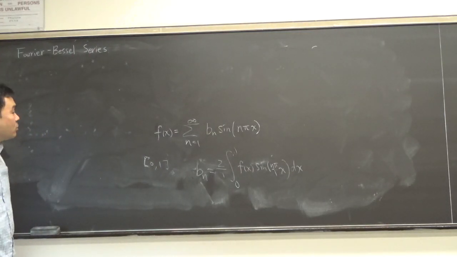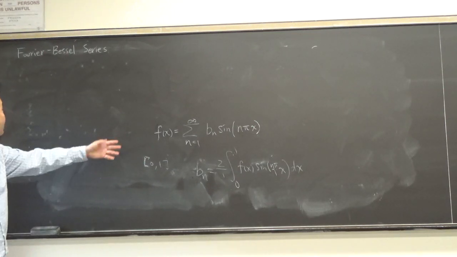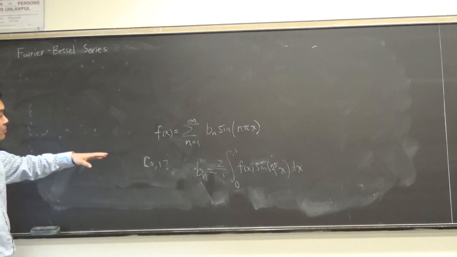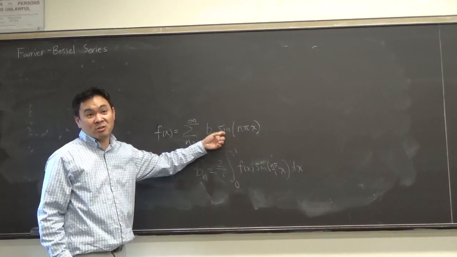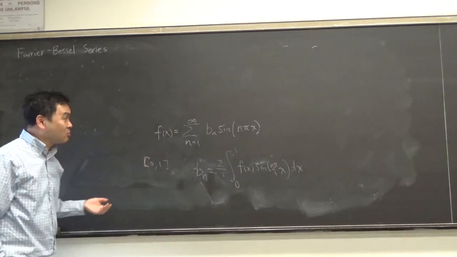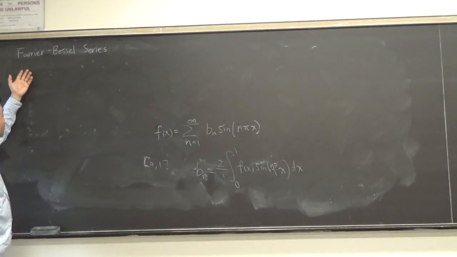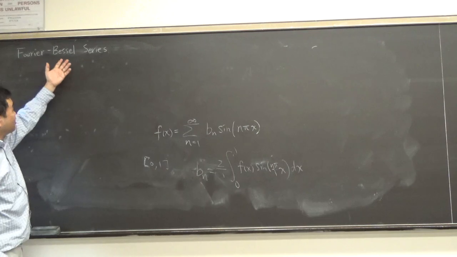So we need to have something similar like this, except instead of sines or cosines, which Fourier originally used, for us we need to use the Bessel functions. And that's why such a series is called a Fourier-Bessel series.